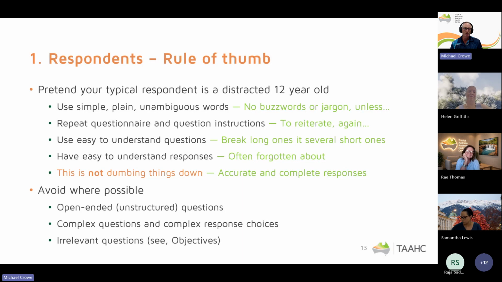So this is where your objectives come in, and you really have to ask, are these questions matching my objectives? If a question isn't there to help with an objective, then it's irrelevant and should be taken out. There should be no nice to know questions. It's either relevant or it's not. And if it's not relevant, you just go, yeah, don't need that.